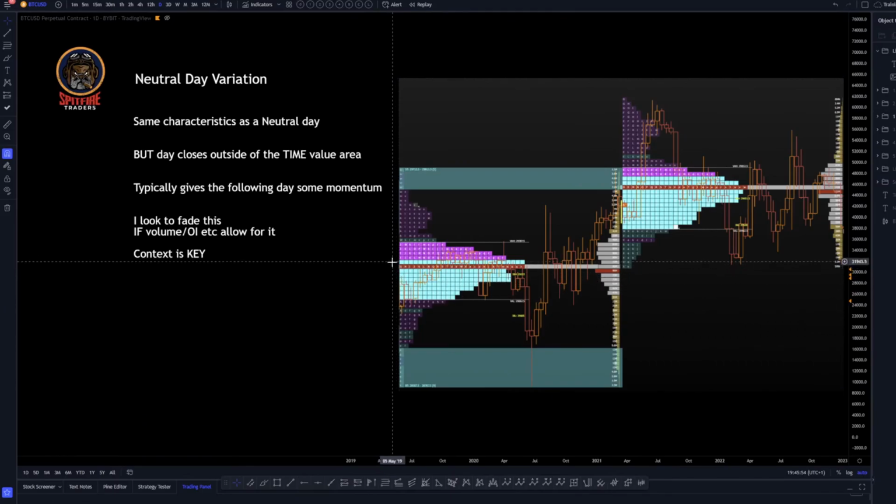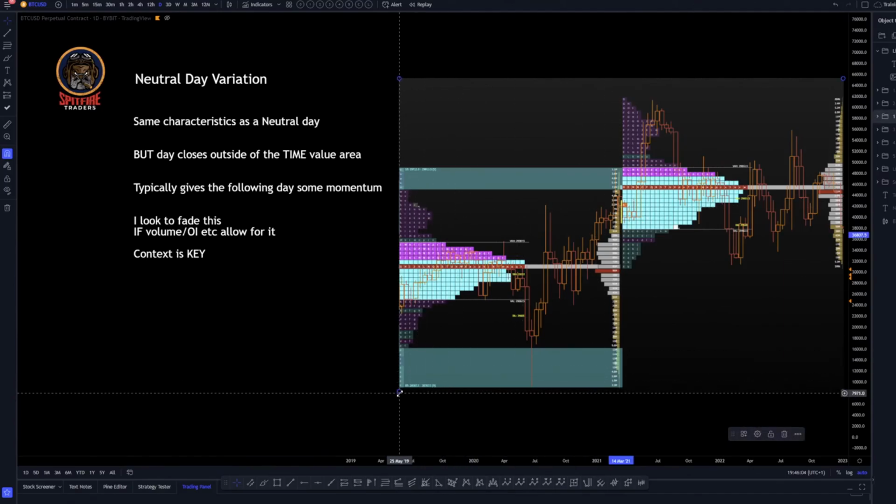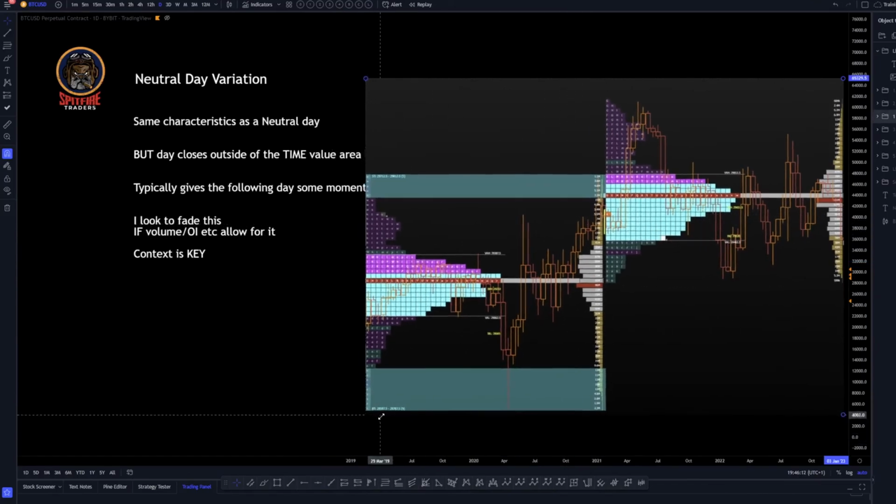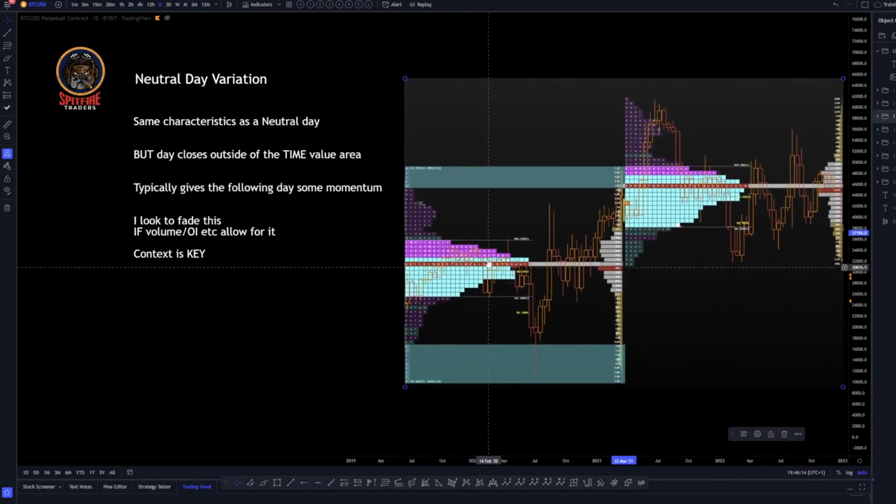Price opens up within the initial balance, and we can see on this chart that price closes up here, because we've got this little arrow. Let's make it a little larger. See the arrow here? Price closes here, and we can see where it opens the following day here. So it's the same characteristics. The only difference is the daily close is outside of the value area.